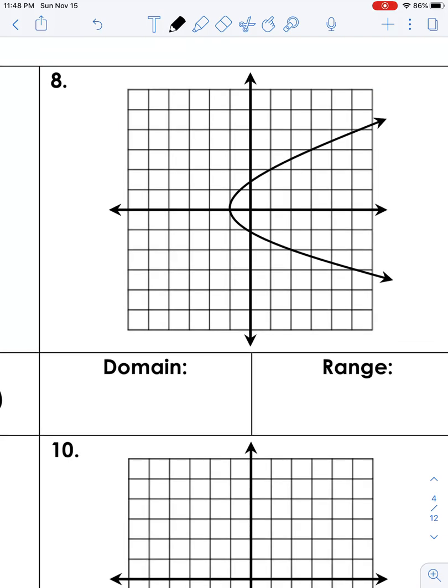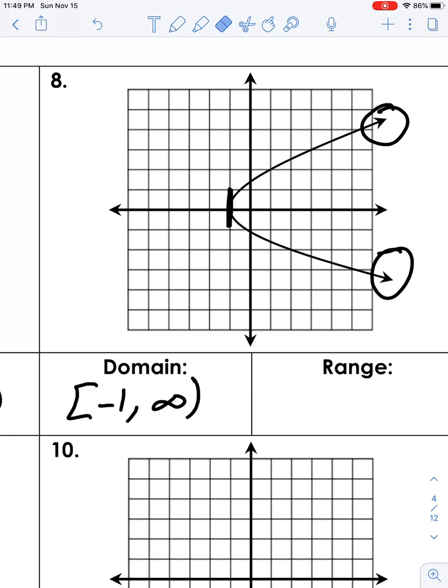Number 8. So domain. We actually have a true far left point, which would be -1. And then I think it's pretty obvious these arrows are both pointing to the right, going forever, so you're going to infinity.